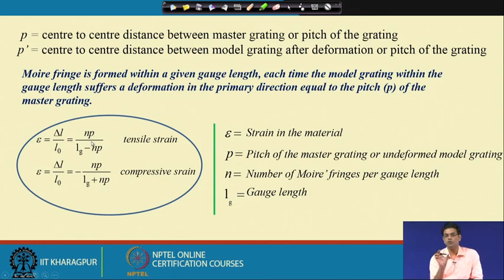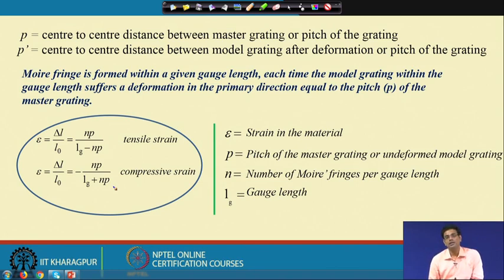We also know the number of Moiré fringes in that gauge length, that is N, and if L g is the gauge length, then 1 minus N p is my L 0, and 1 plus N p for compressive strain. So, this is the formula for the Moiré fringes.